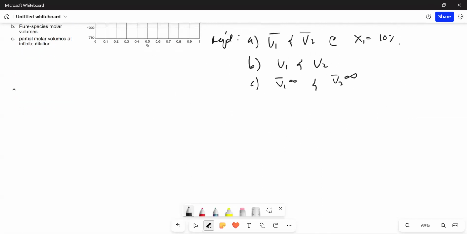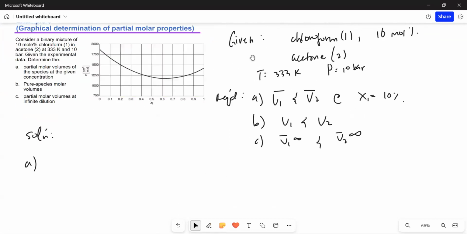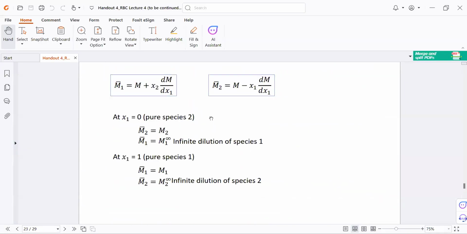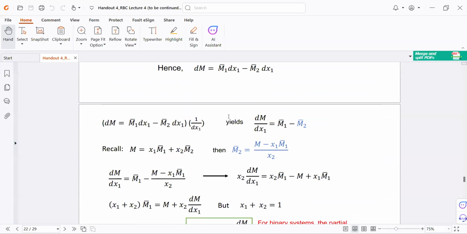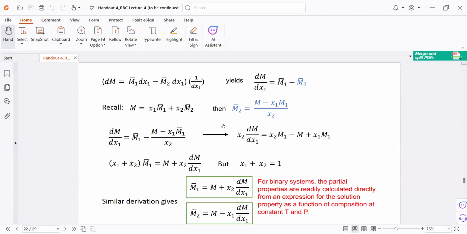So we begin with letter A. We go back to our derived equations. Let me show you the derived equations. Remember our equations for partial properties in a binary solution.